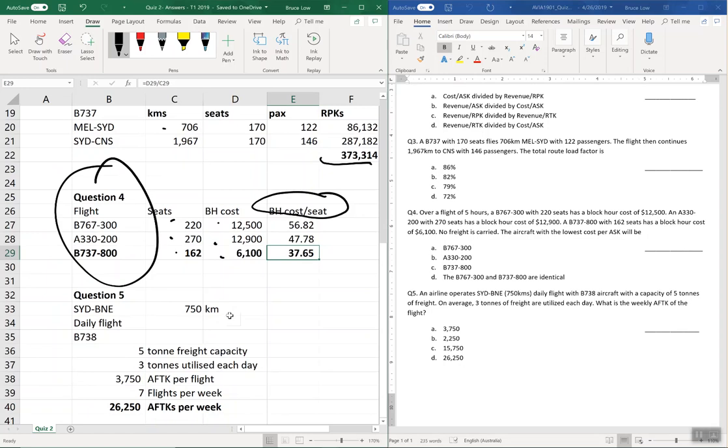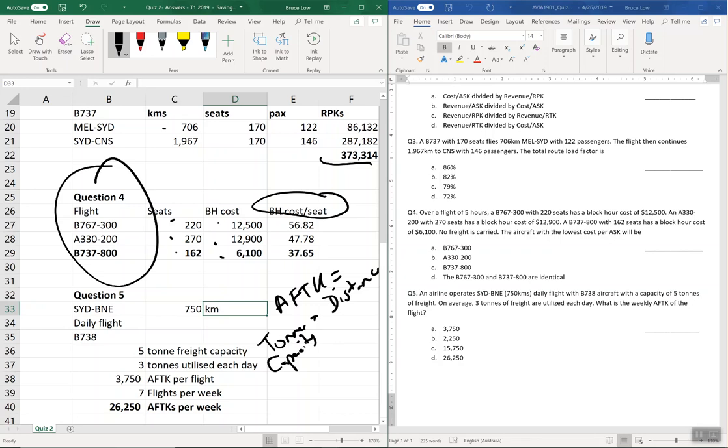So what we do is we know that our available freight tonne kilometres equals our tonnes times distance, and we know that that's tonnes of capacity. I should make that clear. So it's your available tonnes or potential tonnes times distance.